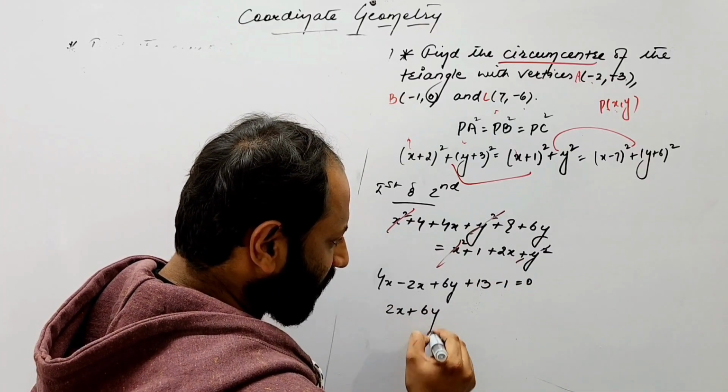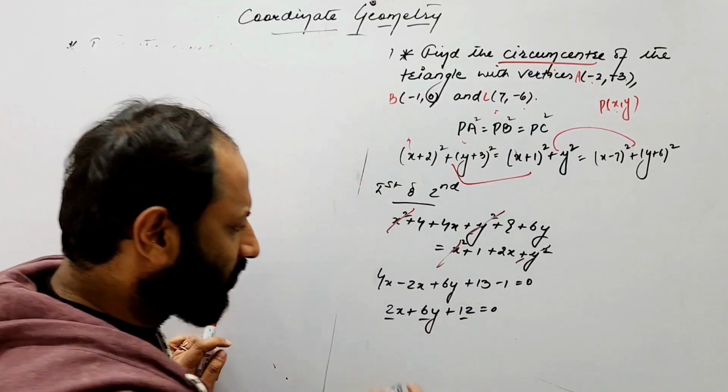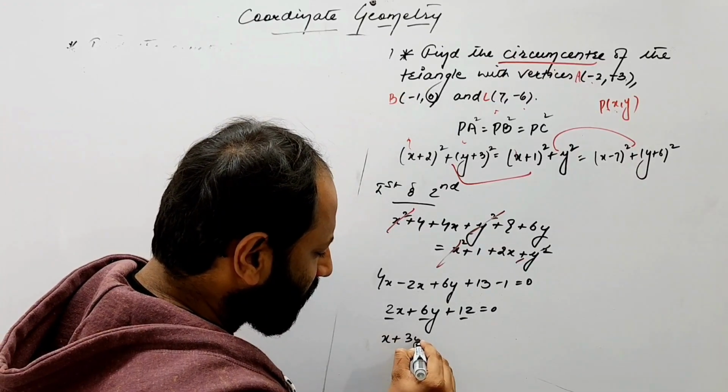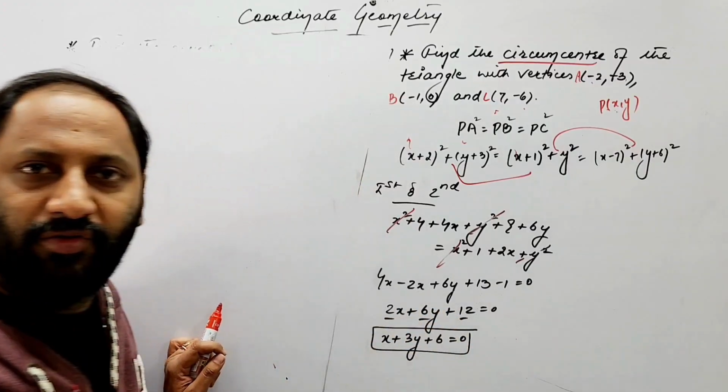So 2x plus 6y plus 12 is equal to 0. All these three are divisible by 2. So x plus 3y plus 6 is equal to 0.